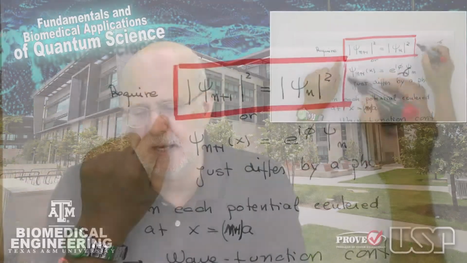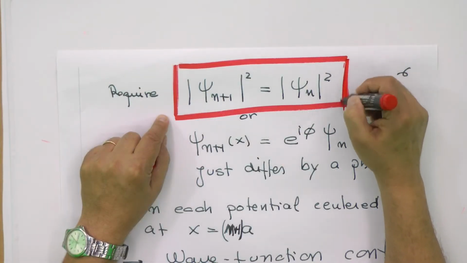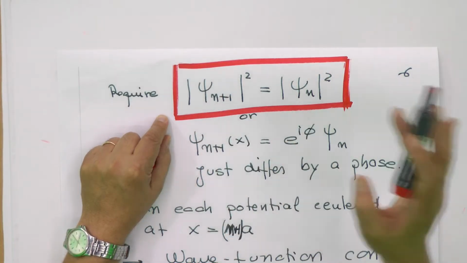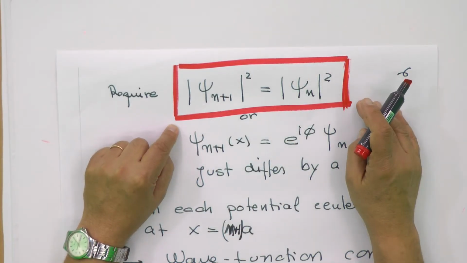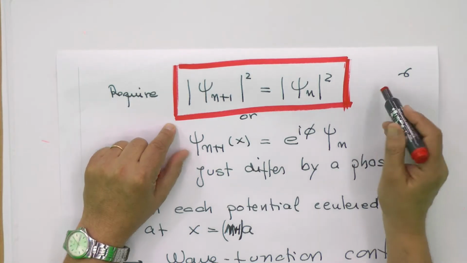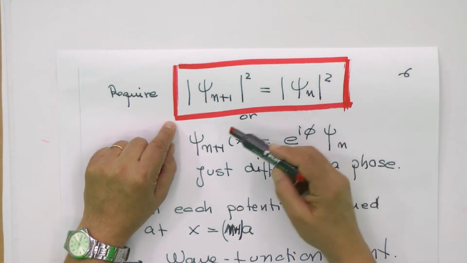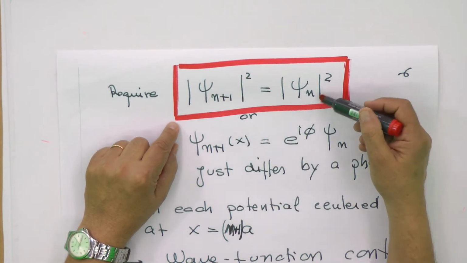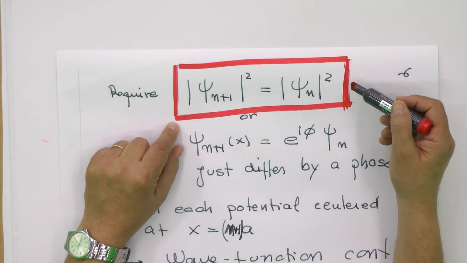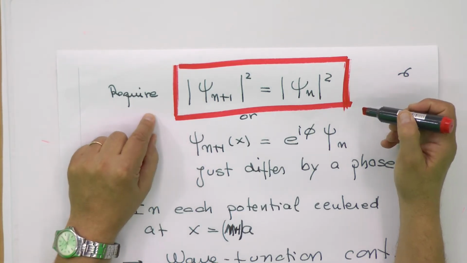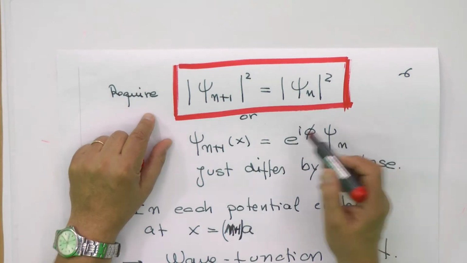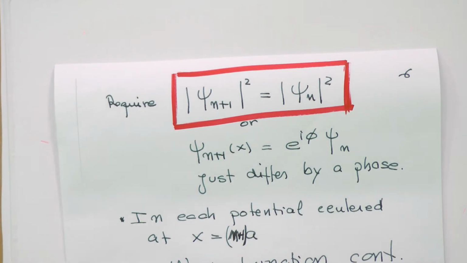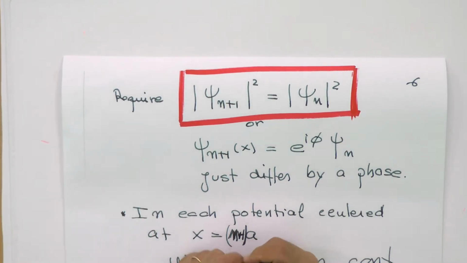When we require that this is the case, we require that the probability of finding the particle has to be regularly spaced, equivalently to the potential. The only way for this to be true is that I have a function whose square is equal to the other function's square. This is possible when the functions differ from one side to the other only by a phase. Because when we do the modulus square, the phase disappears, right?